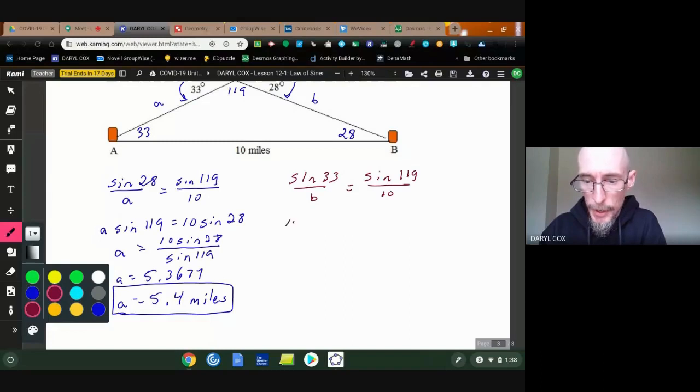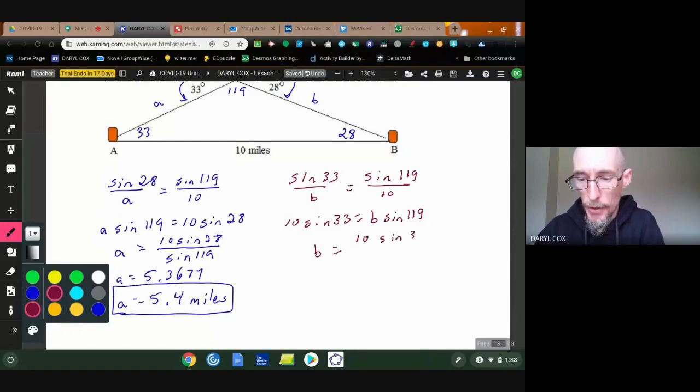So that's 10 sine of 33 equals B sine of 119. Oops, I kind of crossed my streams there, but it comes out to be the same. So 10 sine of 33 over sine of 119.